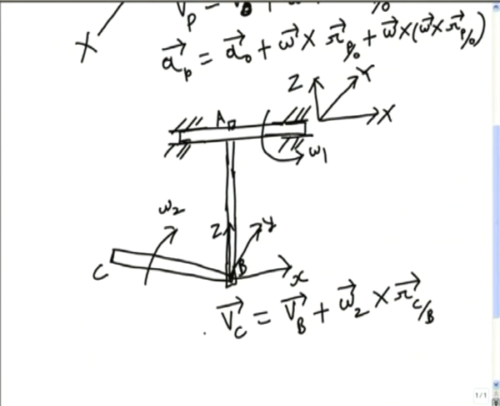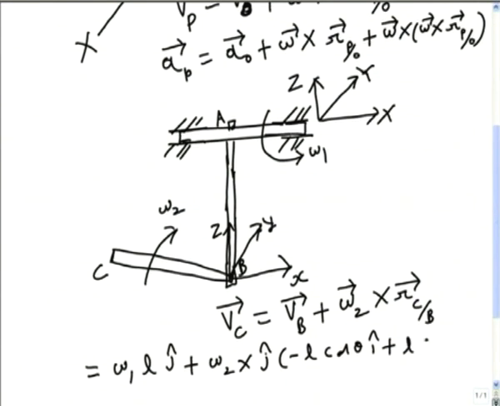Now what do we do about that? So this is the expression, and now VB is equal to basically omega 1 times L, because it is rotating by omega 1, times J, plus omega 2 cross (minus L cos theta I plus L sin theta K).